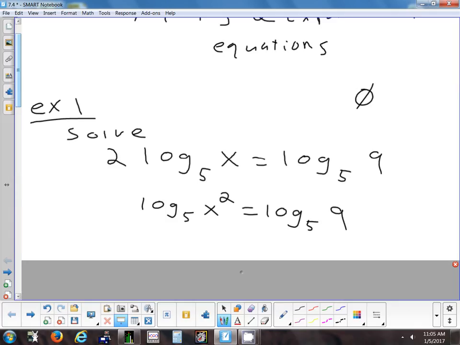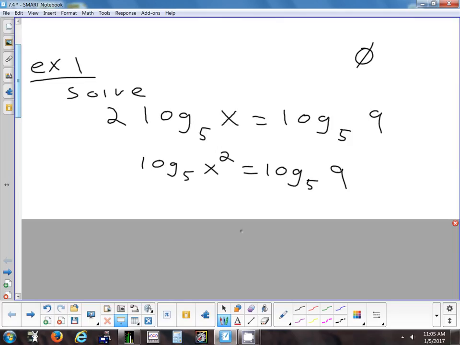And now we have log base 5 of x squared equals log base 5 of 9. So comparing what's on the left and on the right, is there anything there that already matches? Log base 5. Okay. So this part already matches this part.